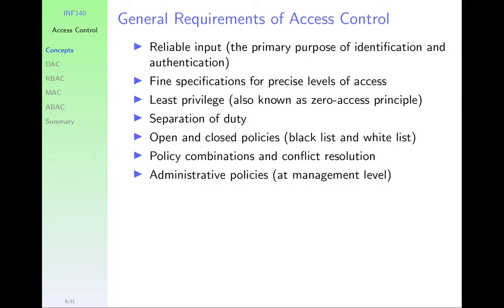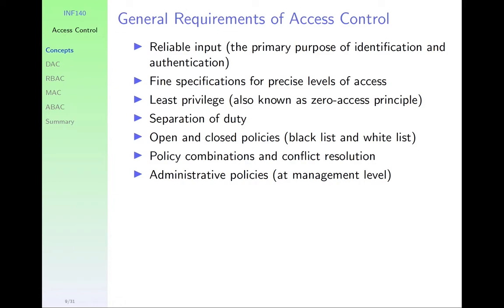So when the policy about access is set by the administrator, one important thing is that the input entity is authenticated. If the entity is not authenticated, or if the entity is compromised, then whatever access control is implemented in this system, there will be security breaches, right?